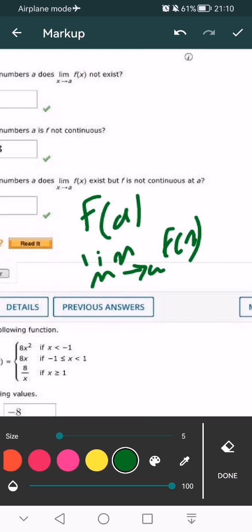You have to check from the right side and left side. If the limit x goes to a of f of x from the right side is equal to the limit from the left side, then the limit exists, في له value limit ولكن at ما في.